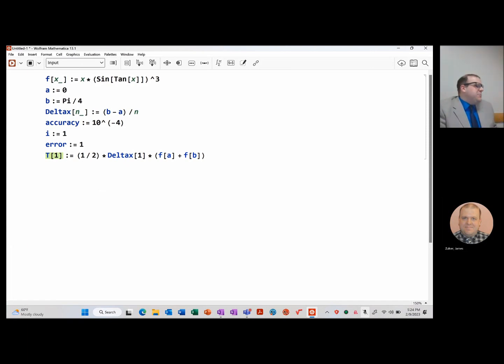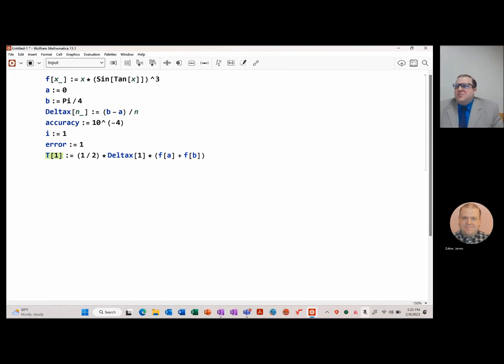So that's how I'm defining T1. So it's going to be some value. That's all the preliminary stuff.